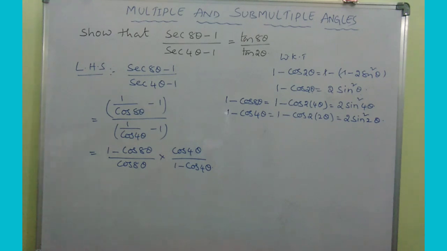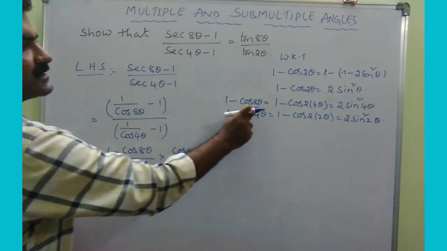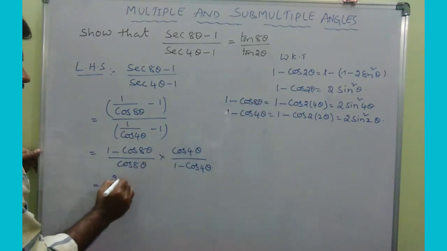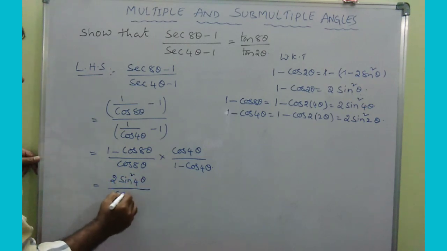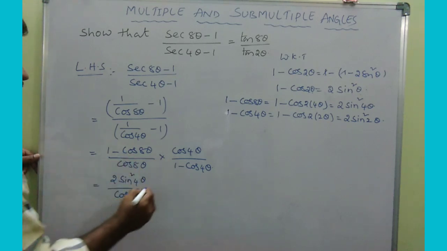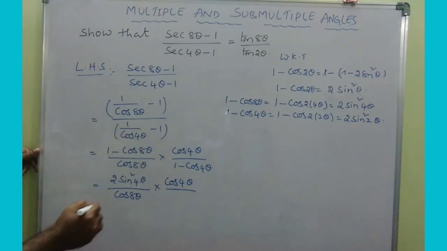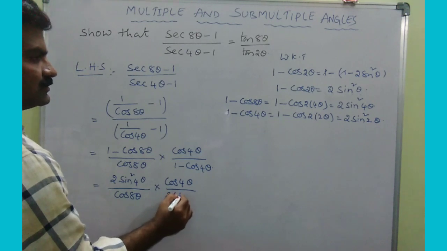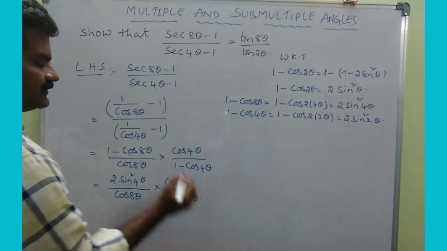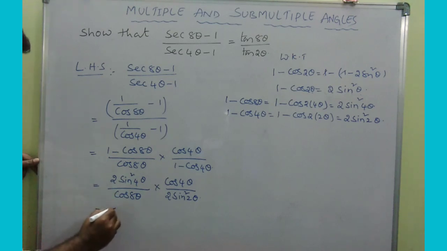Now please replace those values here. So which is equal to 1 minus cos 8 theta, we can write as 2 sine square 4 theta by, of course, cos 8 theta into cos 4 theta by 1 minus cos 4 theta, which can be written as 2 sine square 2 theta, isn't it? Now this is sine square 4 theta, no?